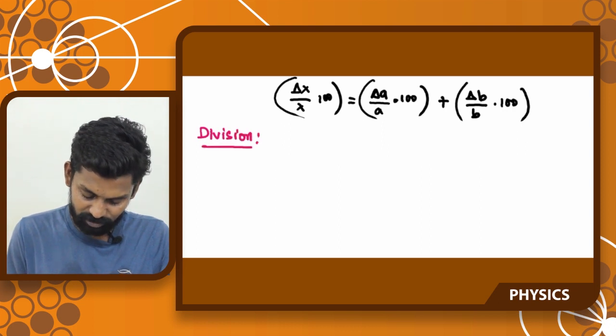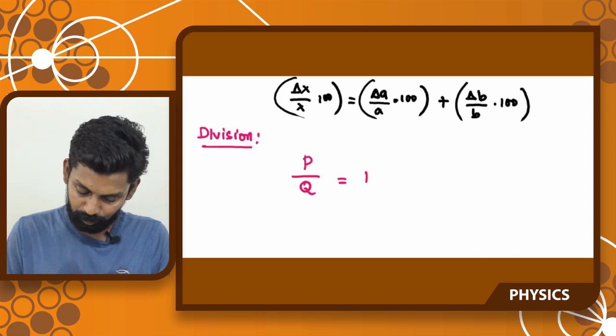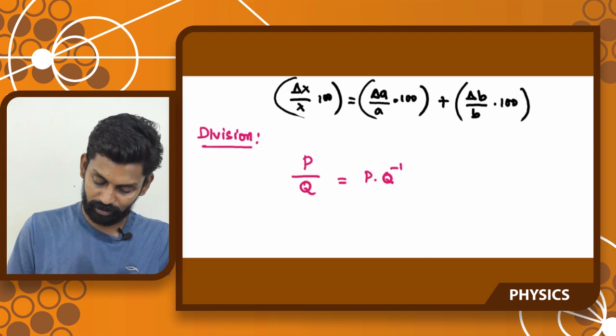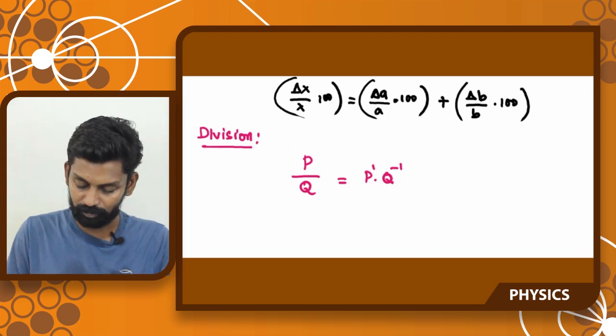What is the meaning of division? Suppose we are finding P by Q. So this can be written as P into Q power minus 1. So here it is P power 1 into Q power minus 1.